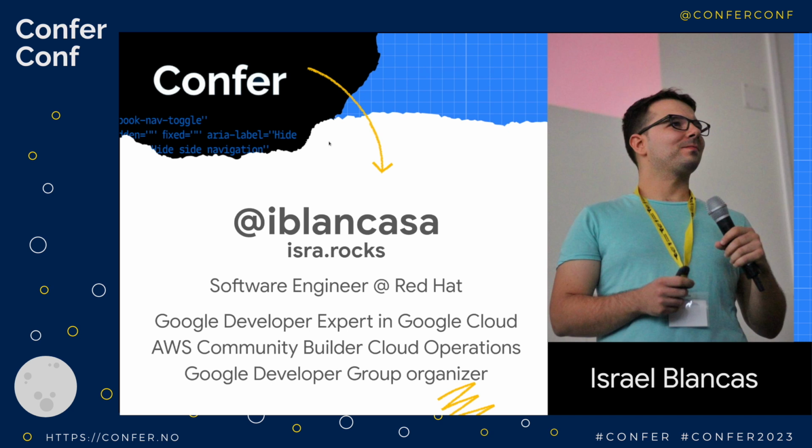So the idea of the talk you are going to see today is about what observability is. That is something that has become very trendy in the last years. It is very interesting because it can help you a lot, independently of your area of expertise.